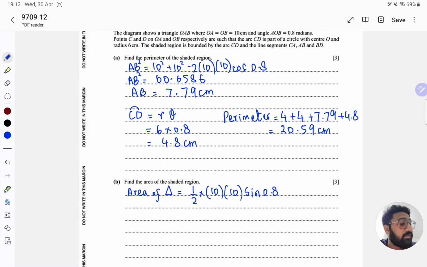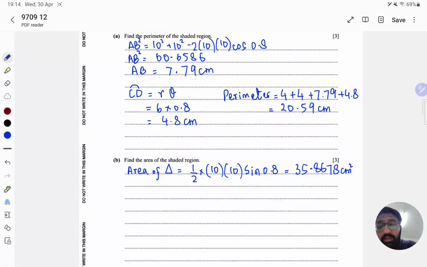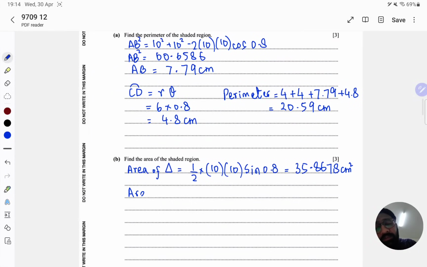So 0.5 times 10 times 10 times sine 0.8, which is 35.8678 centimeter square.